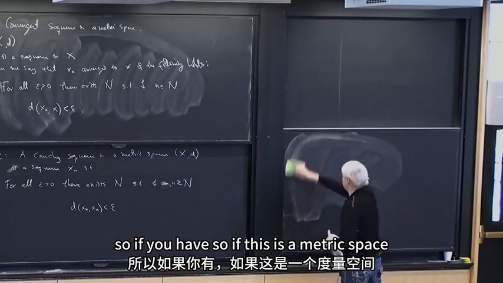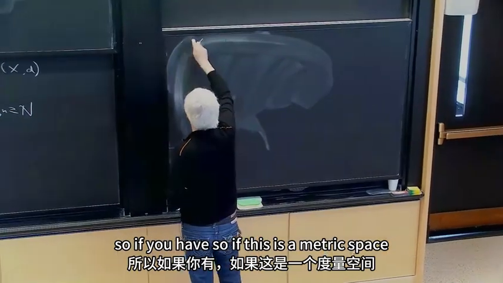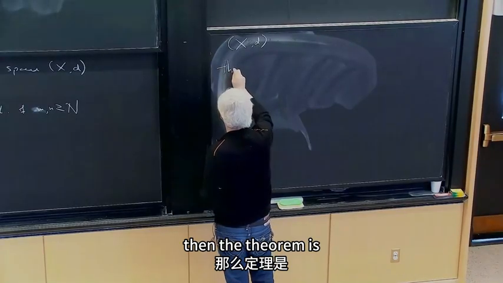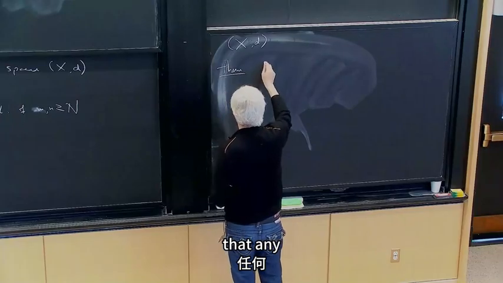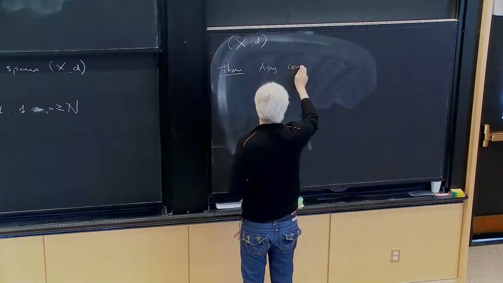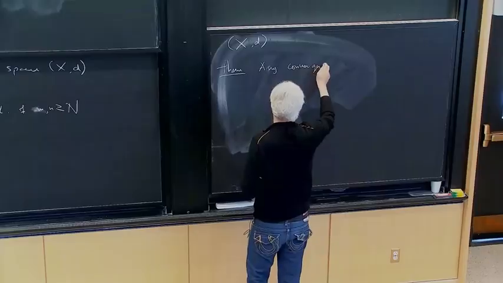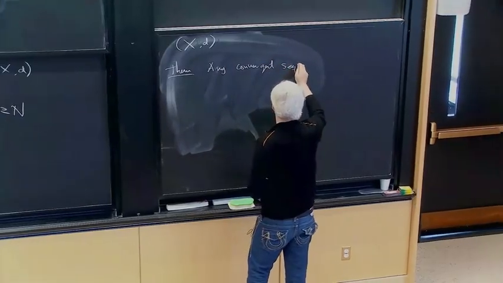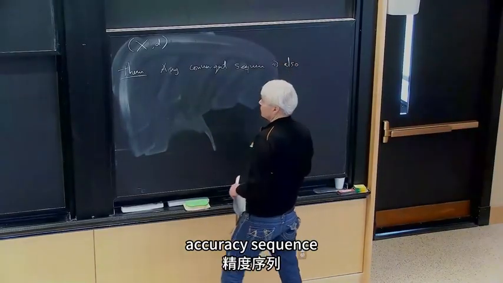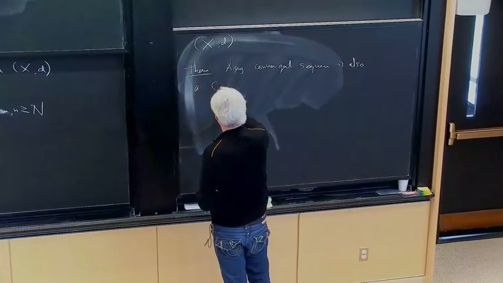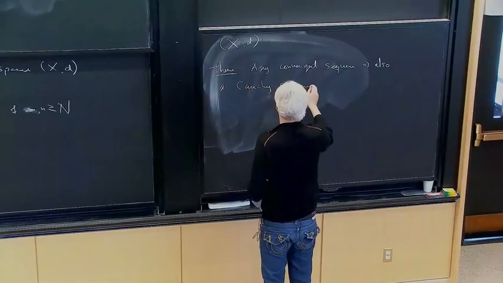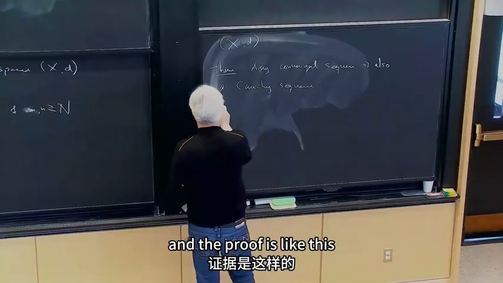So if this is a metric space, then the theorem is that any convergent sequence is also a Cauchy sequence. And the proof is like this.